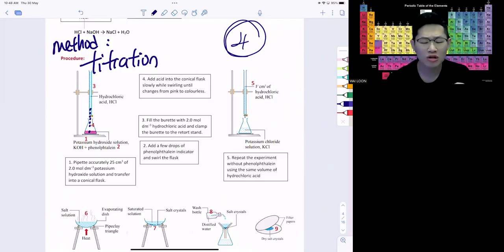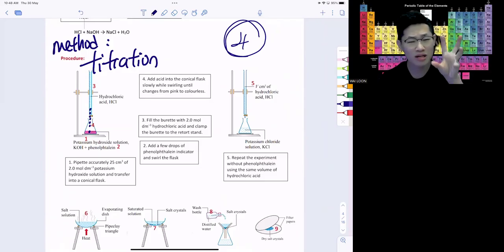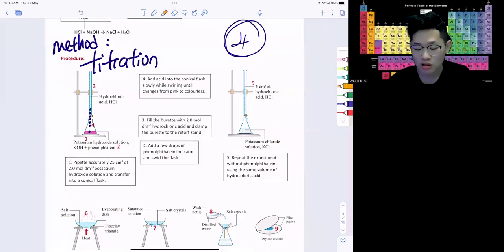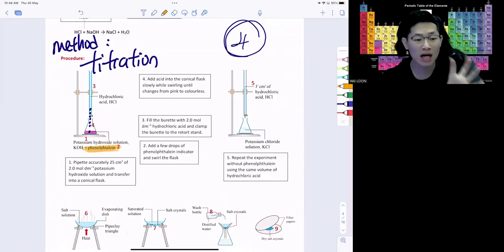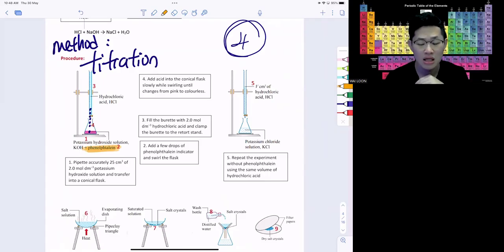But how do I know that the acid and alkali have completely neutralized? This is why we need phenolphthalein indicator. We will add acid until the phenolphthalein turns from pink to colorless, then we will stop adding acid immediately. And here comes a very important step, guys.